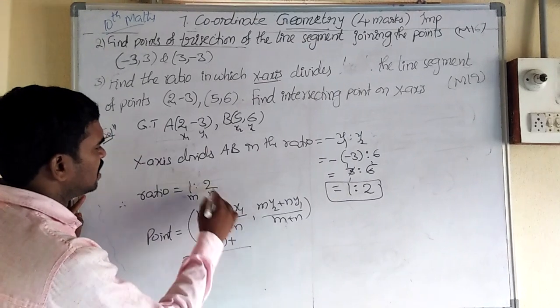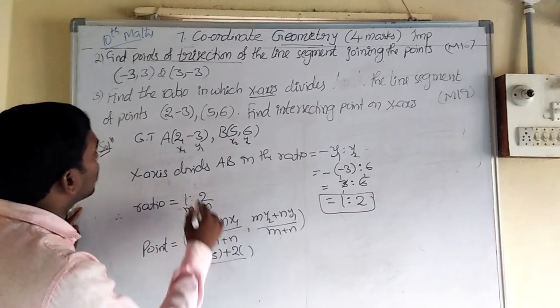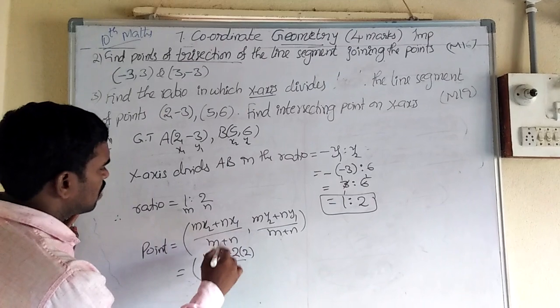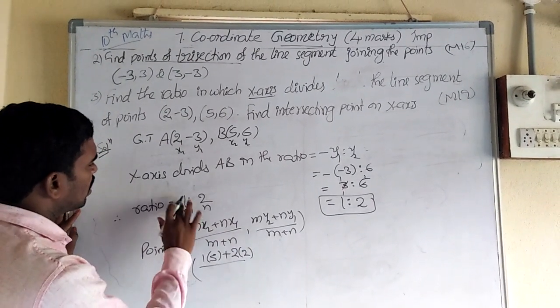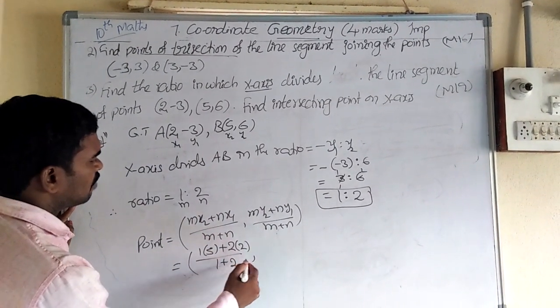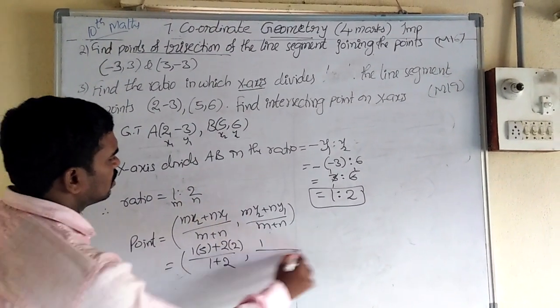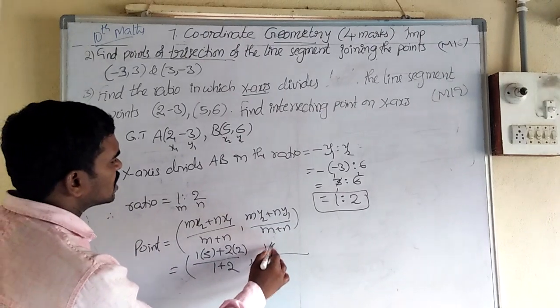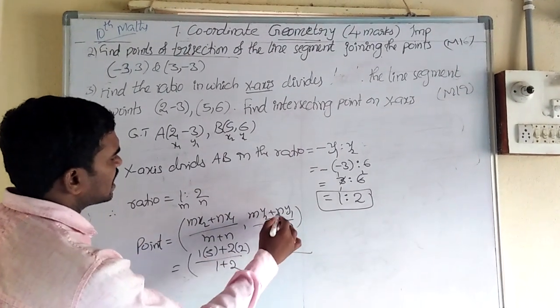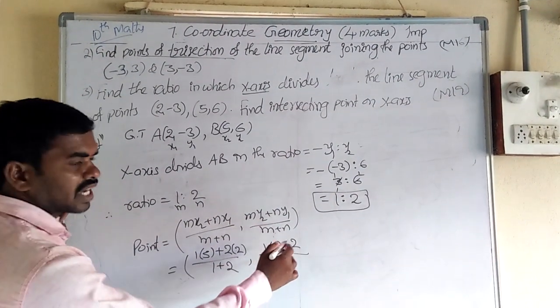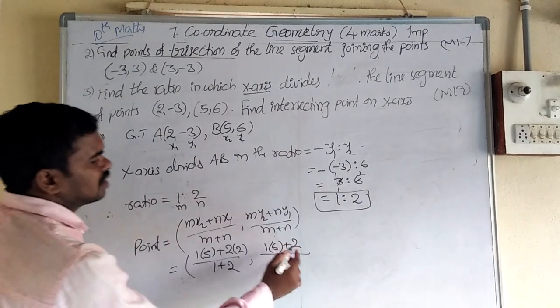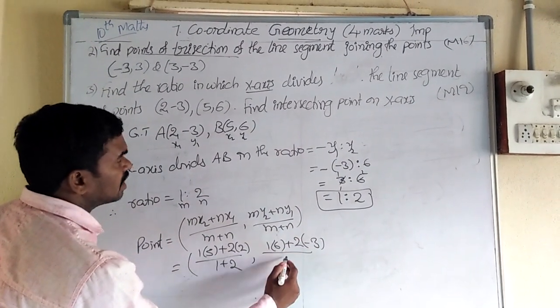Next plus n means 2, x1 means 2, by m plus n, so 1 plus 2, comma, next m is 1, y2 is 6, next plus n is 2, y1 is minus 3, by m plus n.